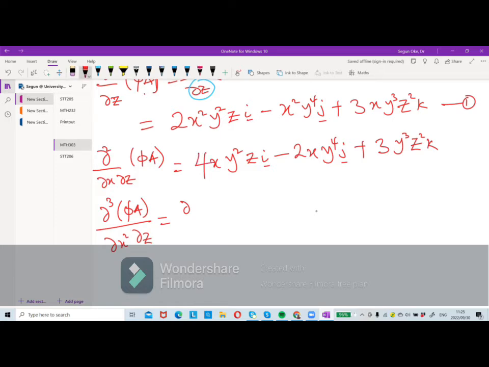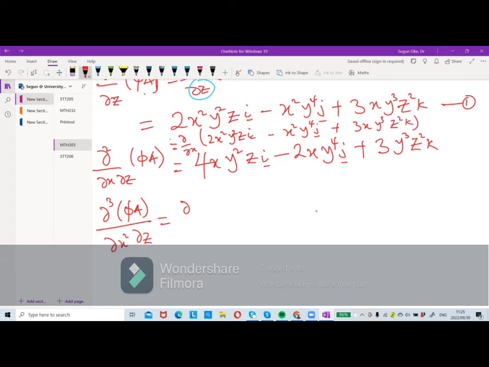I think I will need to write something here. I'll just do it this way. d dx of this: 2x squared y squared z i minus x squared y 4 j plus 3x y cubed z squared k.